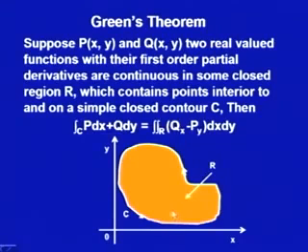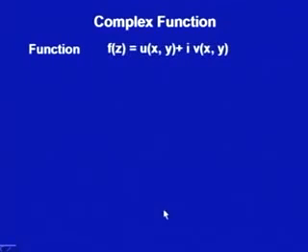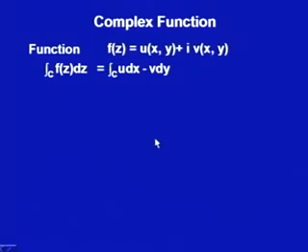Now let us use this result in our complex functions. We started with the complex function f(z), which we could write as u(x,y) plus i v(x,y). We had seen in contour integration, in the last lectures, that the integral of f(z) dz can be given as the integral over c of (u dx minus v dy) plus i times the integral over c of (v dx plus u dy).